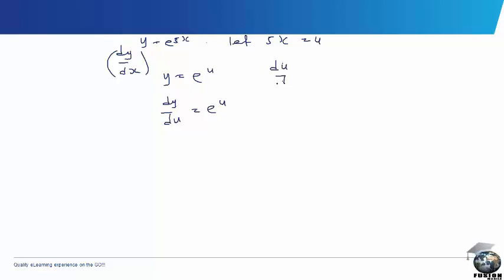If y is equal to exponential 5x and you want to find dy dx, you have to note that exponential 5x is a combination of two functions, and so we say let 5x be equal to u, so that we have y equal to exponential u, and then dy du is equal to exponential u, and du dx is equal to 5. We said that u is equal to 5x.